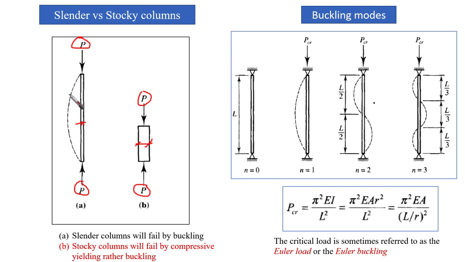The dotted line is the buckling of this slender column. If you increase this loading, we are expecting that this column is going to fail by buckling.